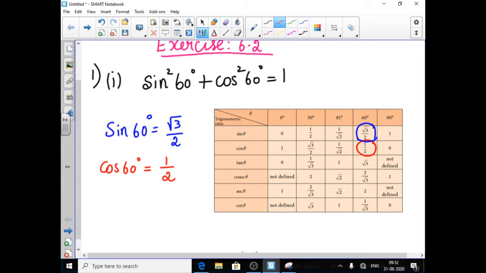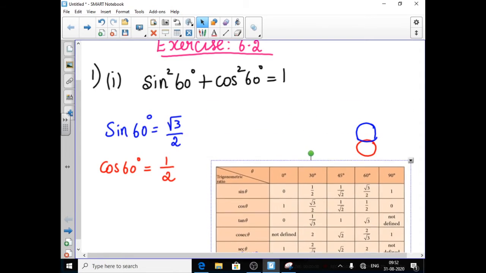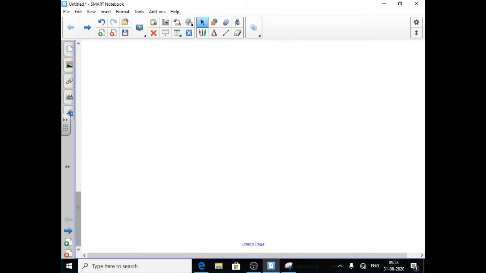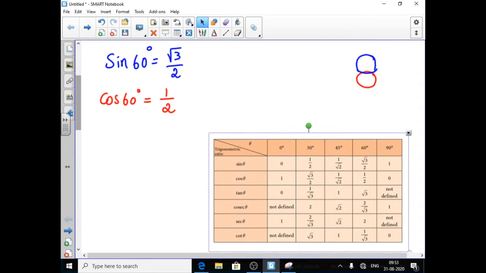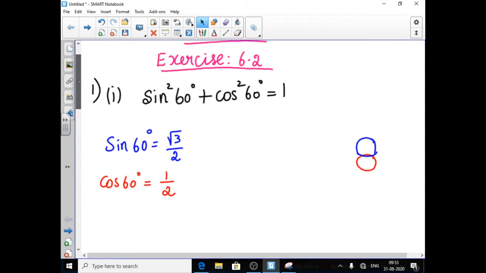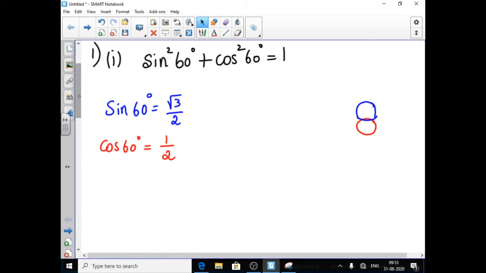So that means we are going to use these values in this first subdivision. So listen, sin 60 degree value and cos 60 degree value we have found. So we are going to apply these values.